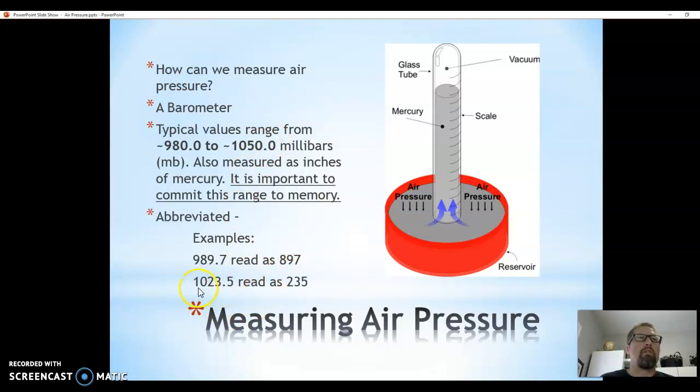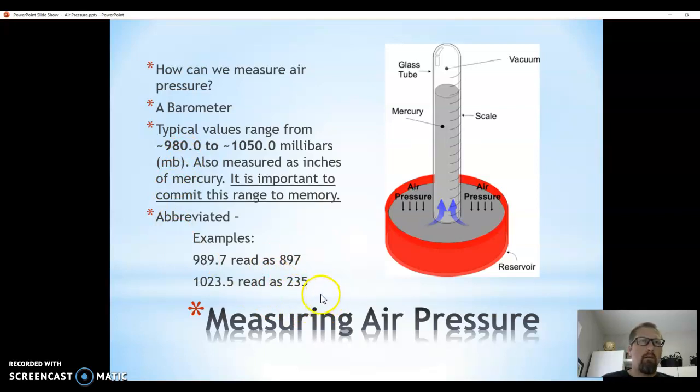Second example is 1023.5, which is read as 235. So again, we have to trick our brain into seeing 235 and reading that as 1023.5. Again, we know it's not a 923.5 because that would be way lower than our lowest number here. So for that reason, we can abbreviate these with the last three numbers.